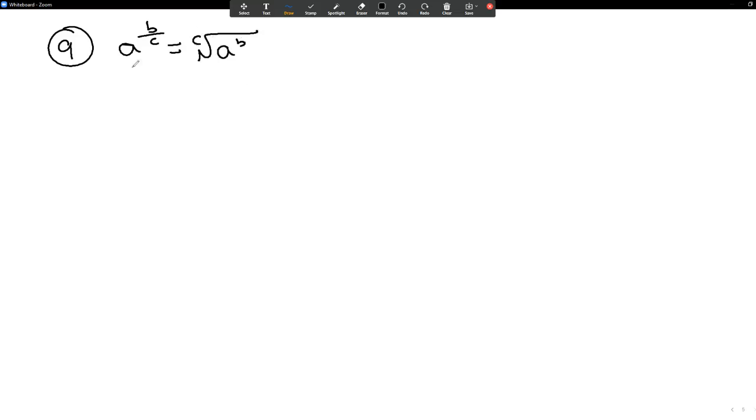So this might be quite difficult to wrap your head around, but let's do some examples. So x to the power of a third is equal to, well, c is 3 in this case, so it's a cube root, and b is 1, so we just get x inside, so that's our answer.